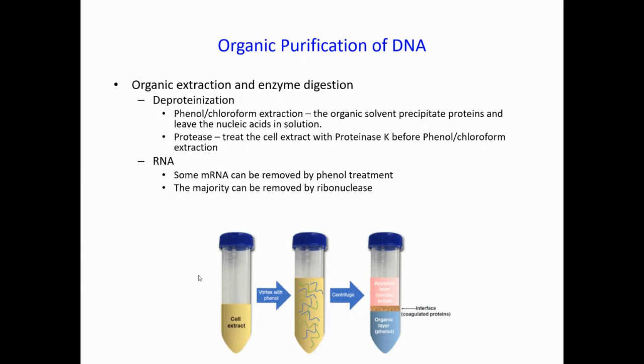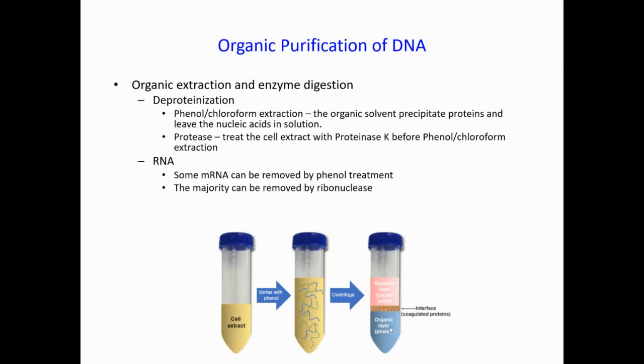In the phenol-chloroform extraction, you have the cell extract, and you mix the cell extract with the phenol. You mix it well, and then apply centrifugation. After the centrifugation, you have two layers: the organic layer, and the aqueous layer.